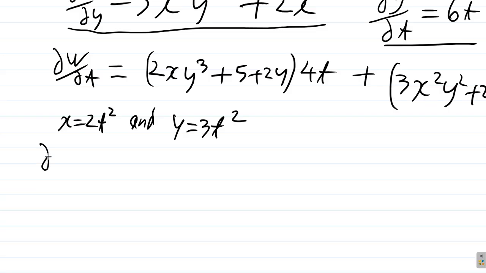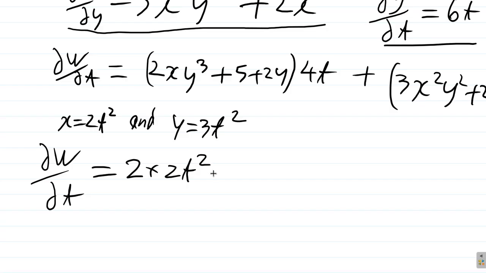Okay, so partial w by partial t equals 2 times 2t squared times 3t squared cubed, because it says y cubed, right?